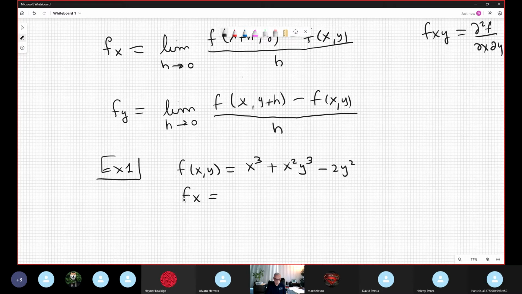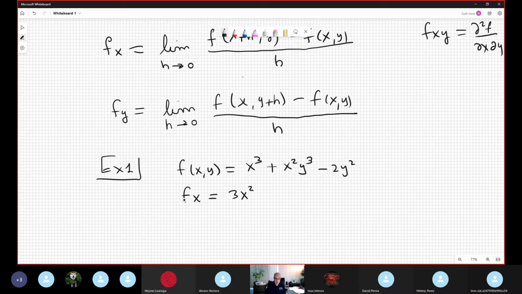Pay attention now, please. In the partial derivative with respect to x, you consider that y is constant, with no change in the direction of y. Therefore, when you differentiate, you consider y cubed and y squared as just numbers, not variables. The only variable we have is x. The derivative by the power rule is 3x squared, no problem.